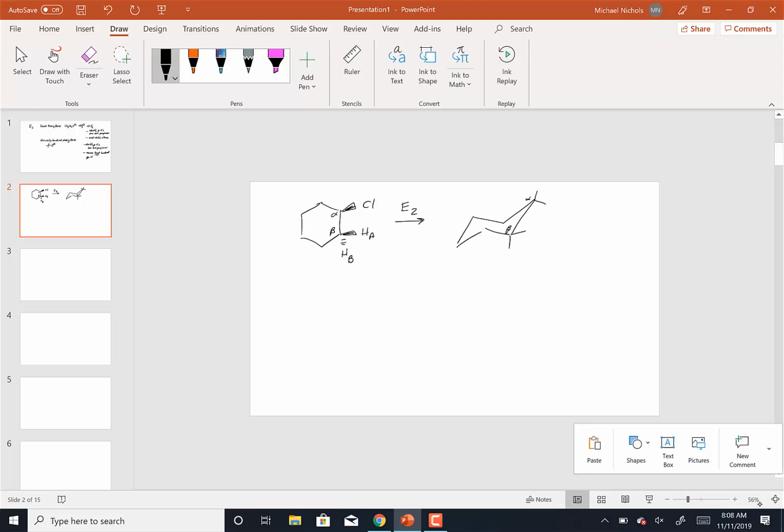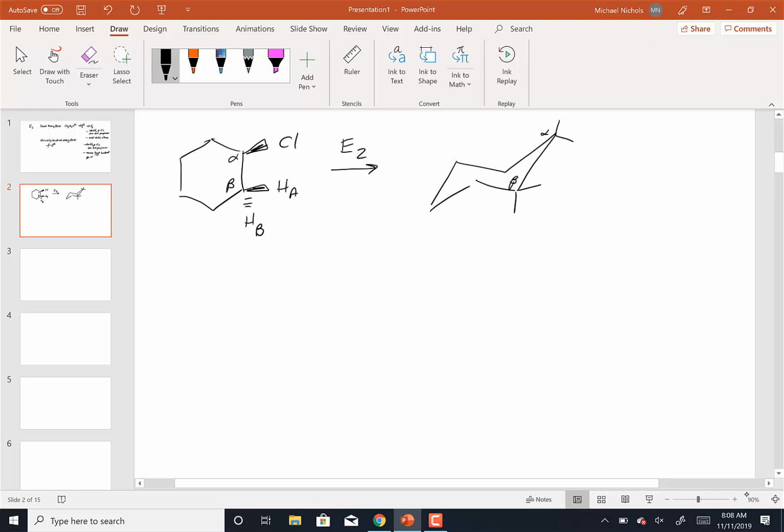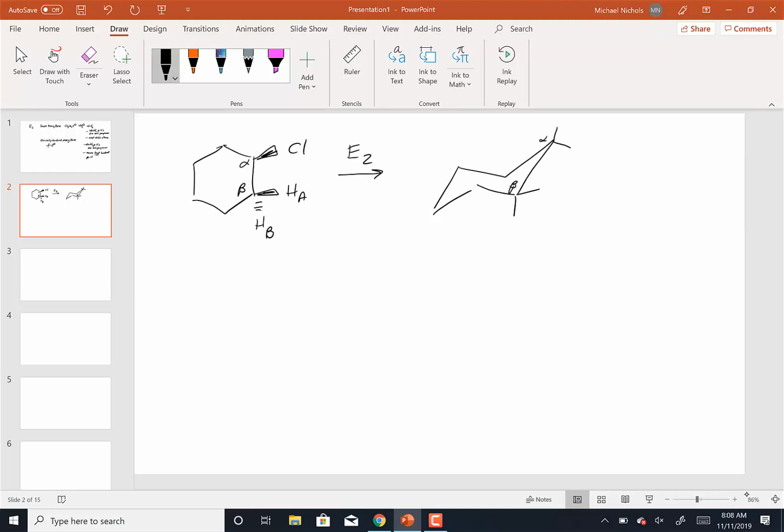Should it go on the equatorial or the axial position? If my perspective is looking down on the ring, where should the chlorine go here? Axial, and then the hydrogen would go equatorial. Okay.